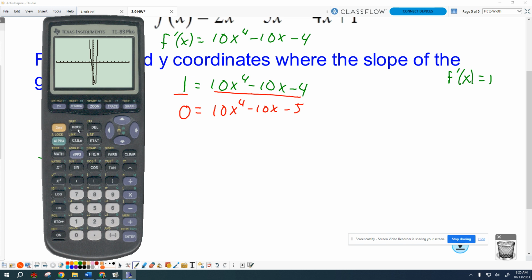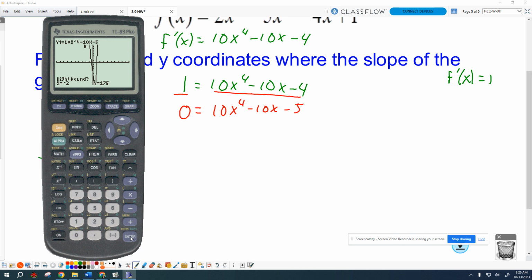Finding the zeros. Above trace, this 4th button says calculate. So if you hit second calculate, I want to find a 0. And here's one trick. Do you see it's blinking on the y-axis? I can move the arrow to the left, or I could just type in -2, and it moves it for me. So if you're far away from where you want it, you can just type in the x value that you want.